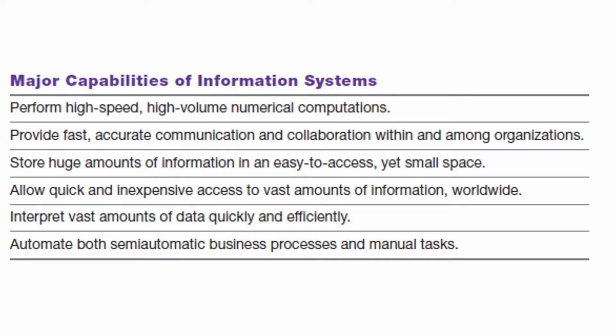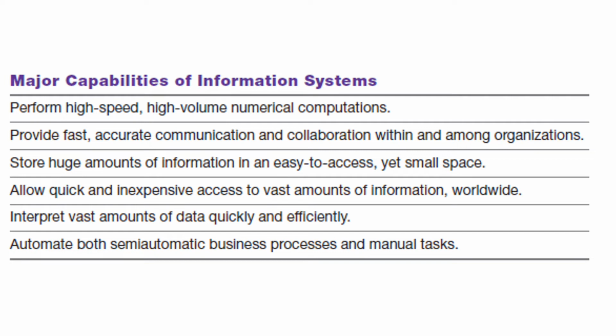An information system does a whole bunch of stuff, and some of the key ones that you need to keep in mind in the context of this course, and perhaps to help you prepare for the final exam: performing high-speed, high-volume computations and calculations in a very fast and accurate way, allowing us to collaborate as well, and being able to store very large amounts of information while taking very little place.